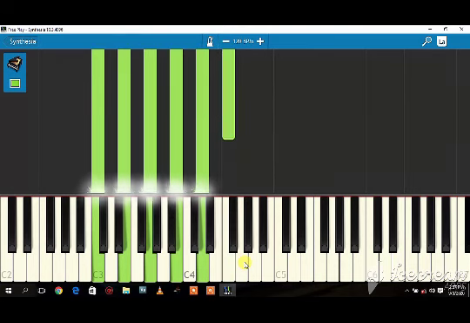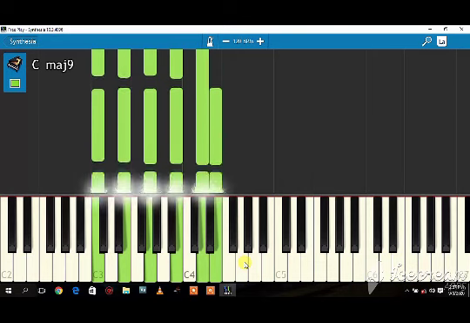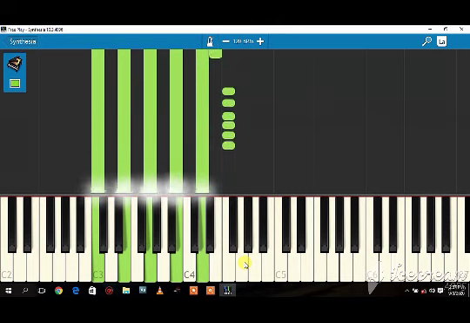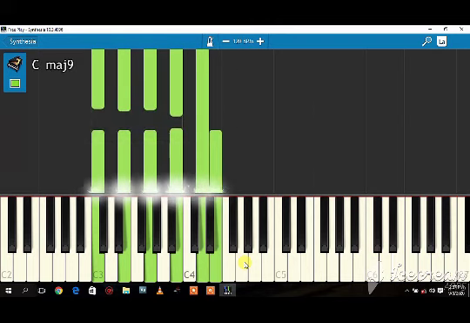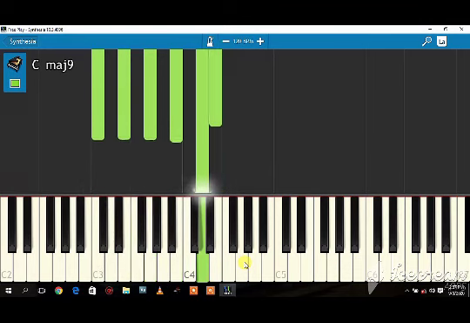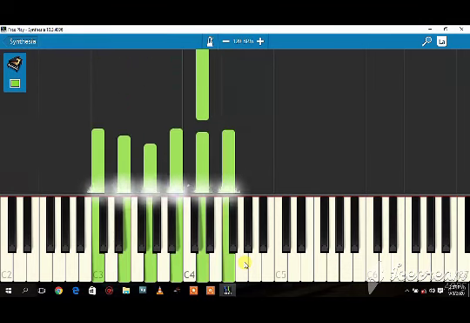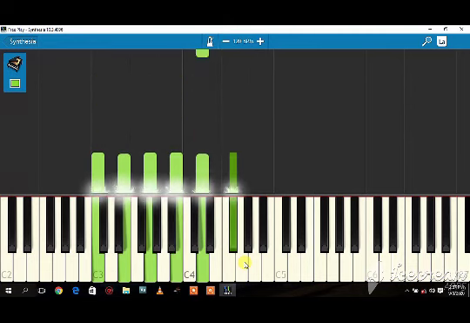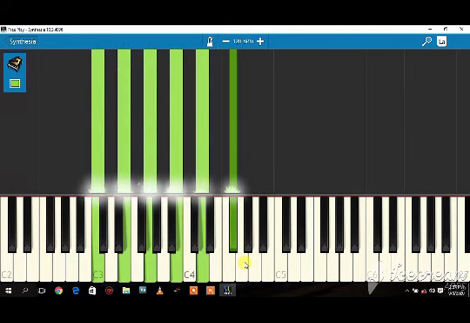Flatten it, we have this. We take the 11, flatten it a step lower. Then if it is a sharpened version, we add a semitone and it becomes this. So we have C, E, G, B, D and F sharp.